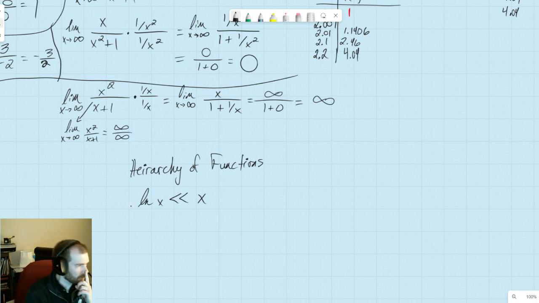So my other calc book went into great detail about the hierarchy of functions, and of course that's sitting on my desk at work. Yeah, and I spelled it wrong too.